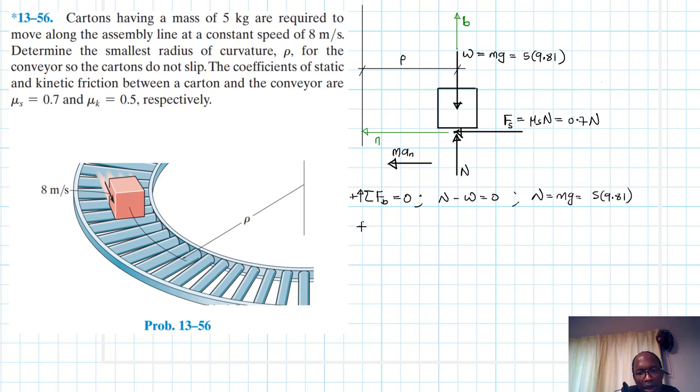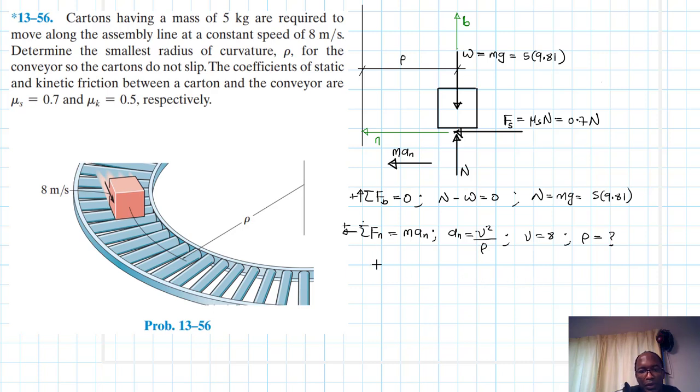Then we have the summation of forces in the n-axis, which is equal to m a_n, with this direction as our reference positive. Our a_n is just equal to v squared divided by rho, where our v is 8 meters per second, and rho, the radius of curvature, is what we are looking for.